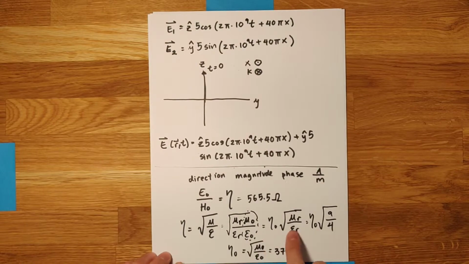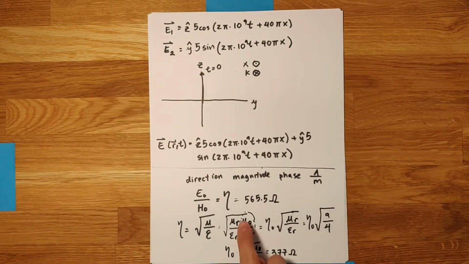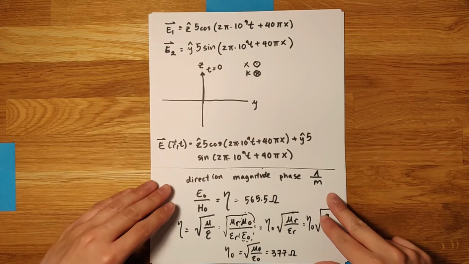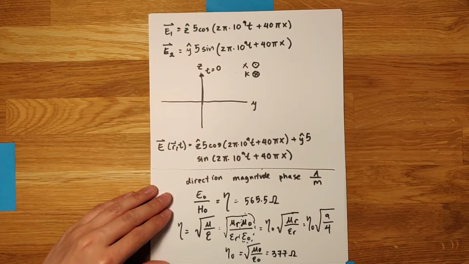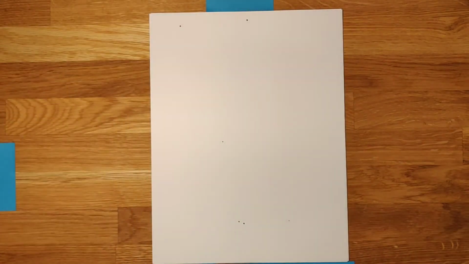Again, the reason why we're doing all this work is because we need to deal with the relative permeabilities given to us in the problem, the mu r's and epsilon r's. I'm going to solve this on the next page.